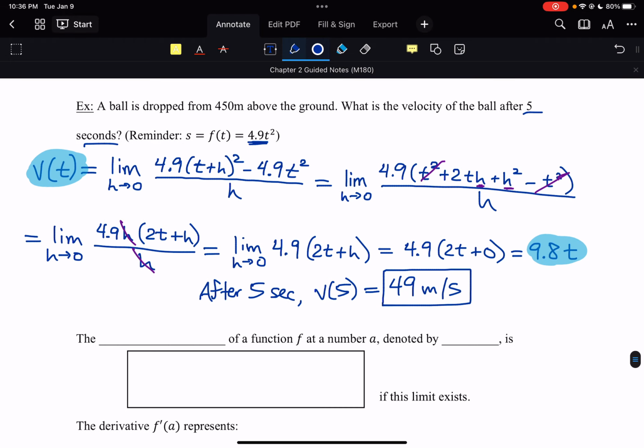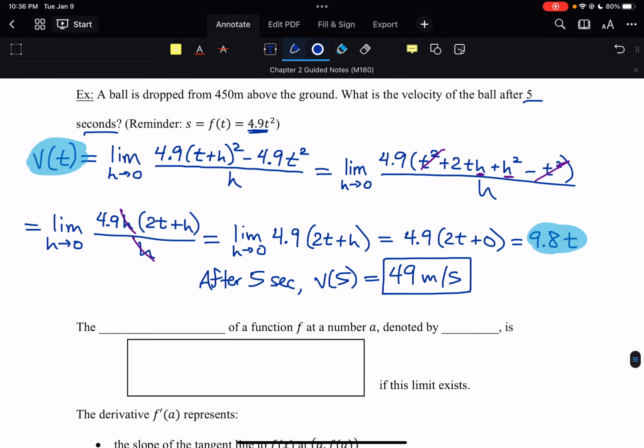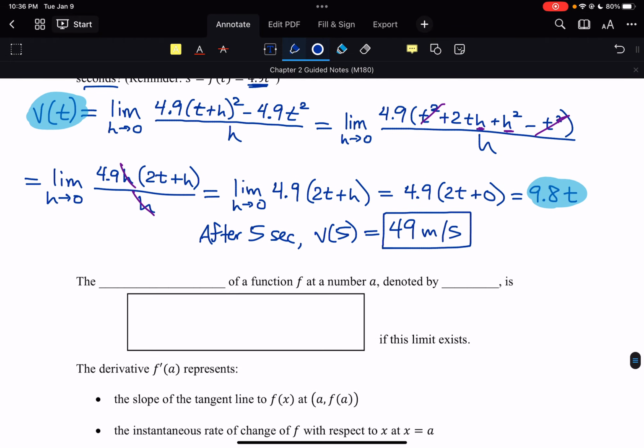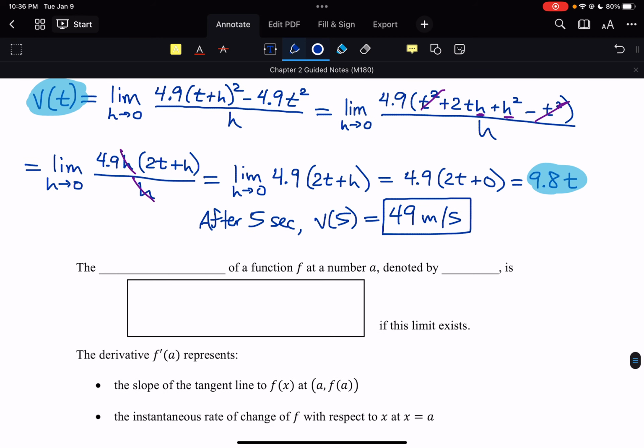Now, this process that we've been doing here for the last few examples, this idea of an instantaneous change, or the slope of the tangent, this comes up so frequently in calculus. It's a huge major focus of study for us, so it gets its own name.